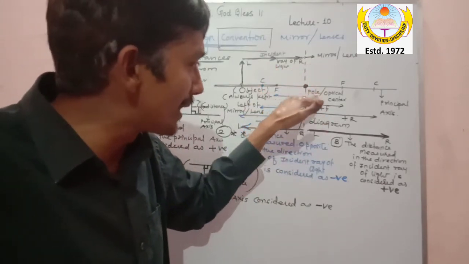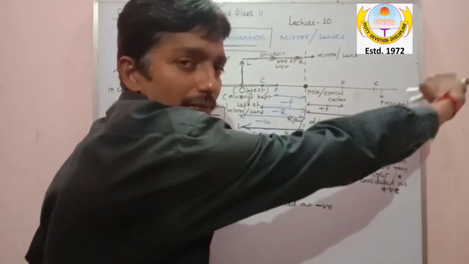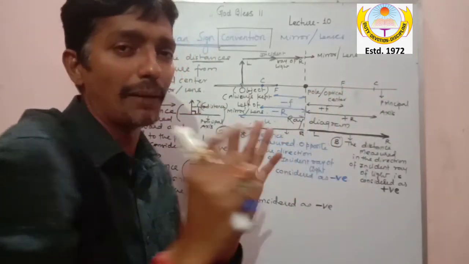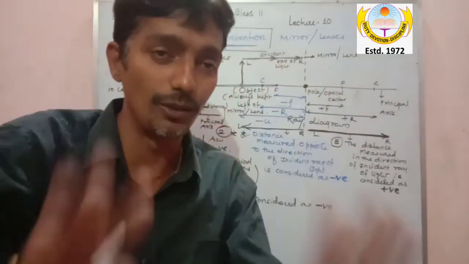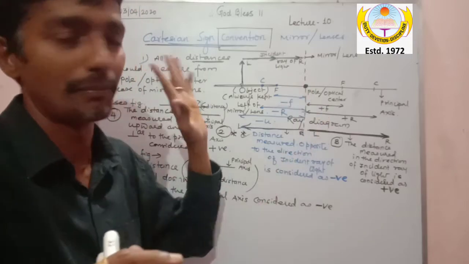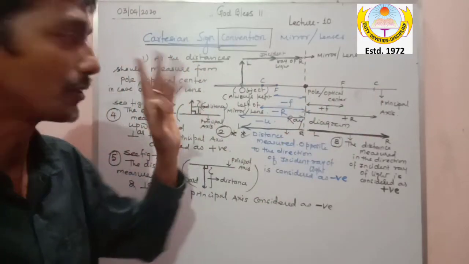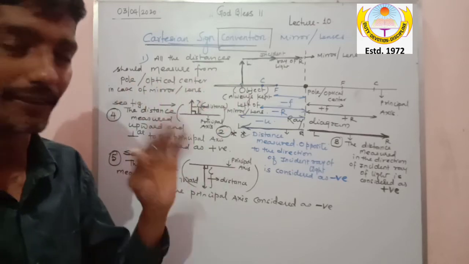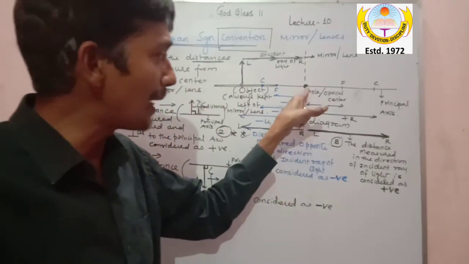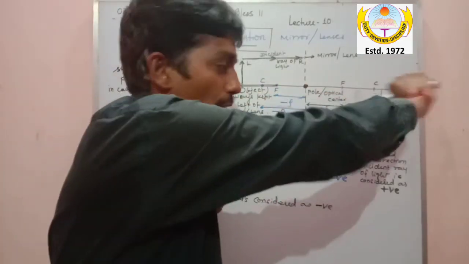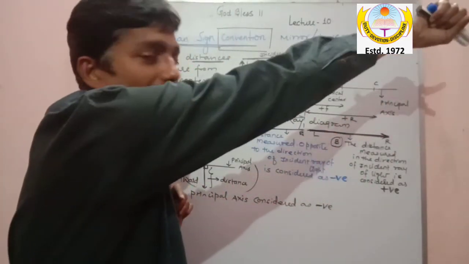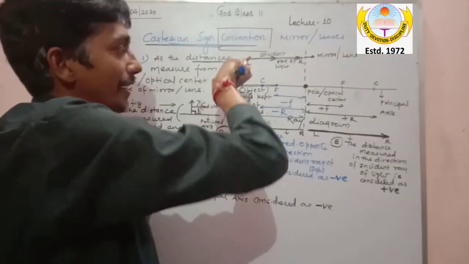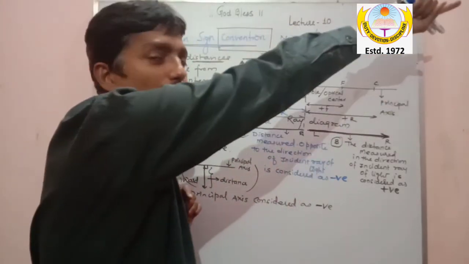Now this is the pole. If I have to measure the distance from the pole or from the optical center, that is my rule, because I have to measure from here. I cannot measure from anywhere else. So that is the rule: all distances should be measured from the pole or optical center, depending on mirror or lens. The direction you can see is the direction of the incident ray, and the image formation is also like this.